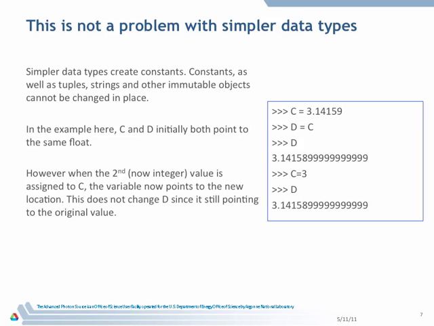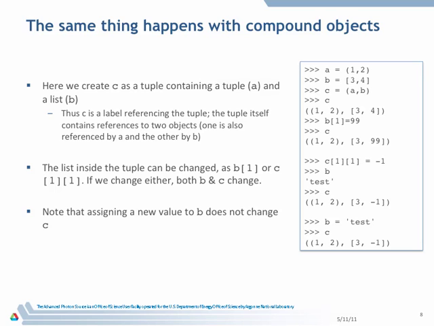Now, where this really is most likely to bite you is in the following kind of a system. Okay, here I create a tuple and a list. A is a tuple, B is a list. C is a tuple created out of that tuple and list.